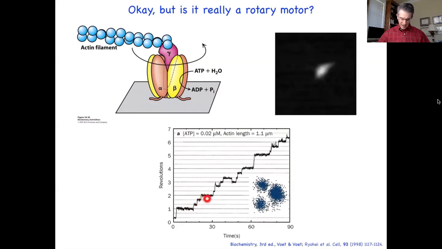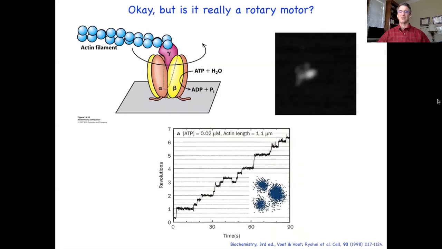So this is an actual data record of the stepping of the F0 in an experiment like this. And when you look at the spatial orientation within the microscope reference frame, you see these three spots where the cable sort of stalls and then moves, stalls and then moves when you're at limiting ATP, right?